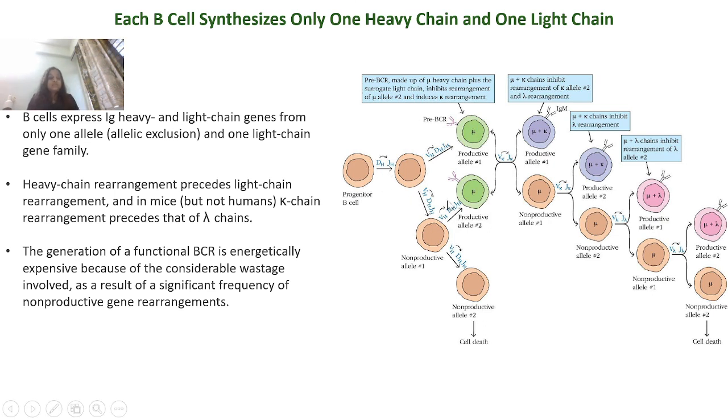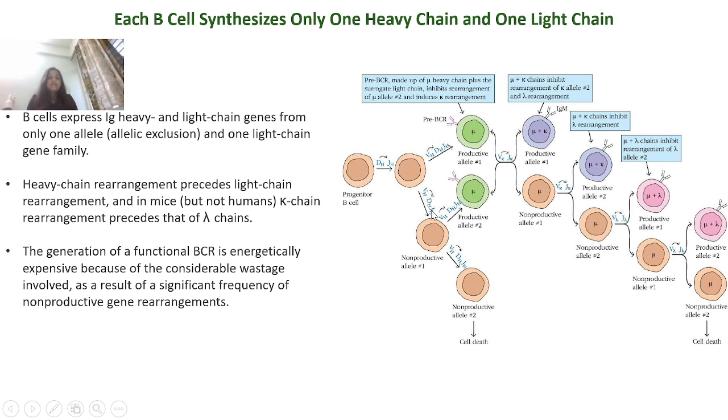Here you can see first it has the DJ rearrangement. After that, V will combine with DJ. So either it can form a productive allele, where VDJ can recombine to form a productive allele and here you can see the receptor, or otherwise it can form a non-productive allele.